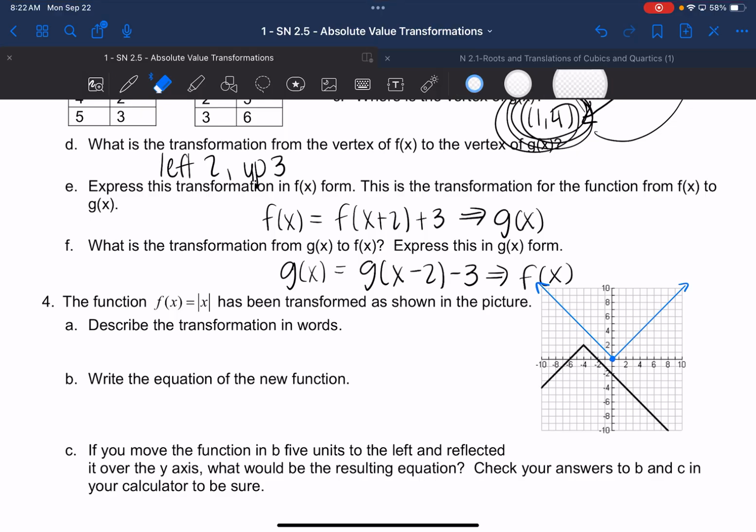Okay. It says describe the transformation in words. So how would I get from the blue graph to the black graph? What would have to happen? What changes were made to get from the blue to the black? So what changes were made, guys, to go from the blue graph to the black graph?